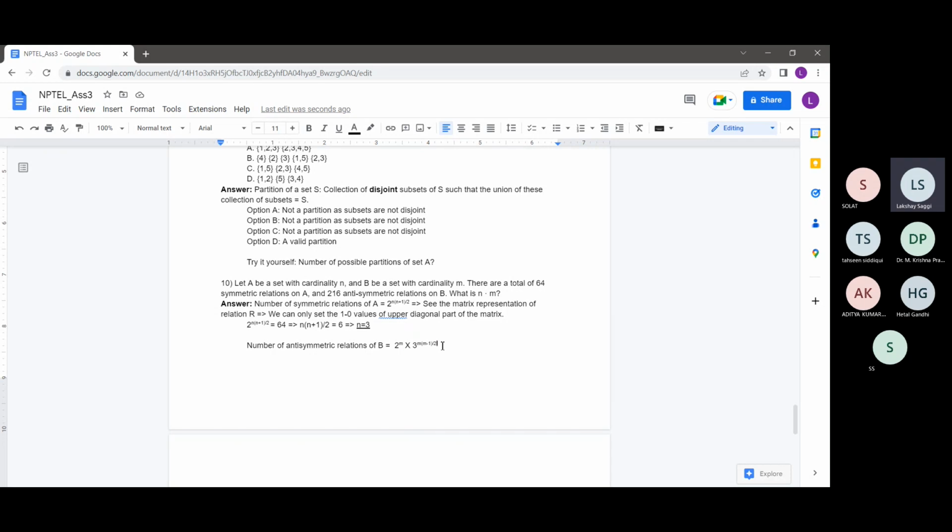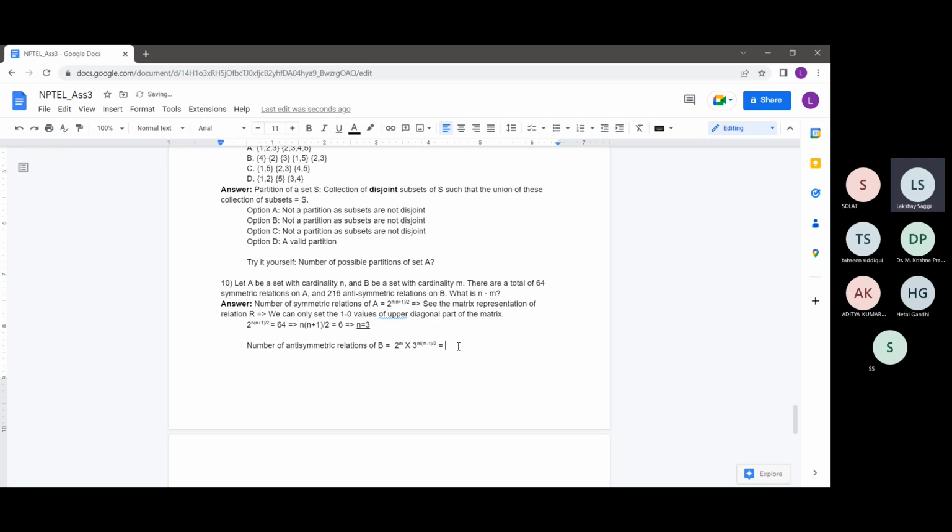The number of antisymmetric relations will be, just a second, guys. So yeah, I was correct. These are the antisymmetric relations. I was just cross-checking this.